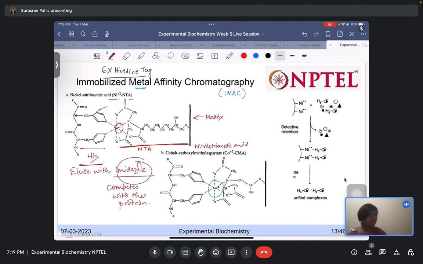Here we can see that we have several proteins, and the proteins which have this hexahistidine tag, H6, will only bind to this nickel matrix.